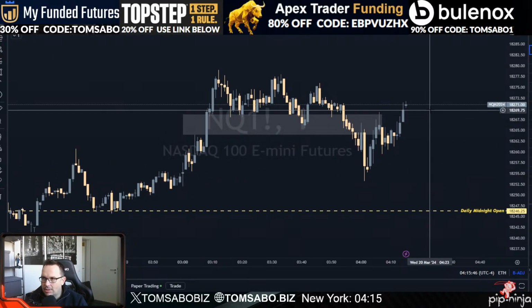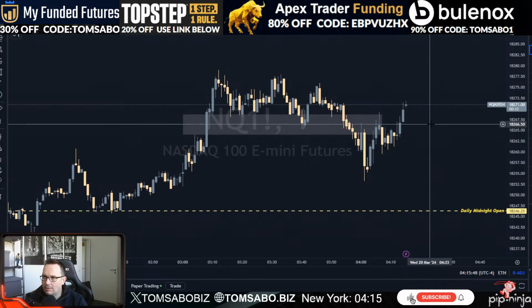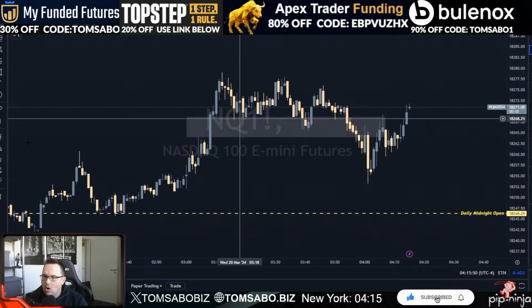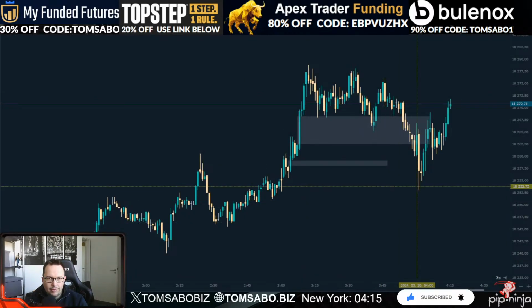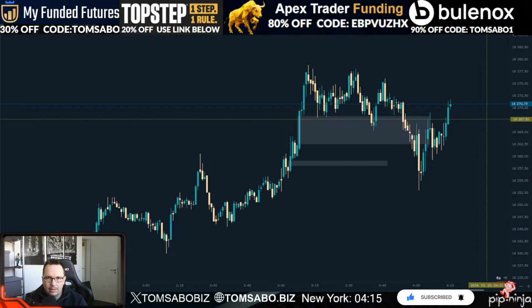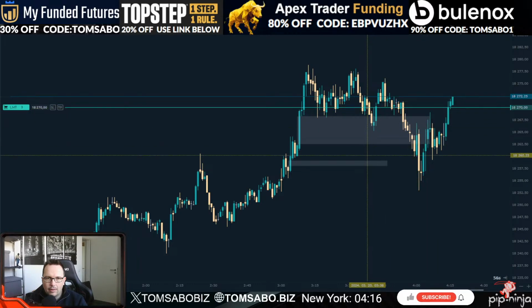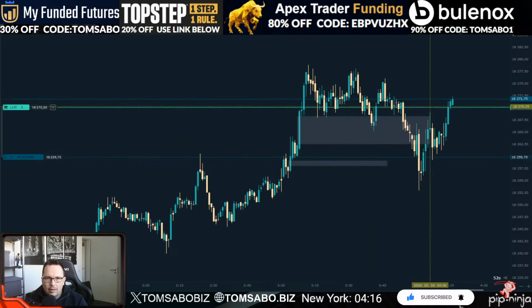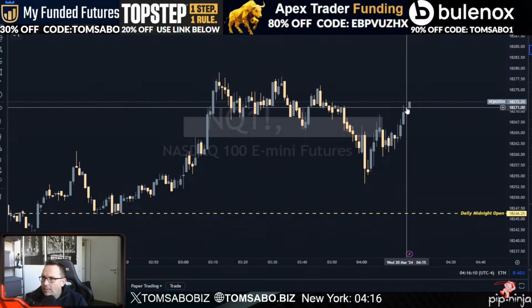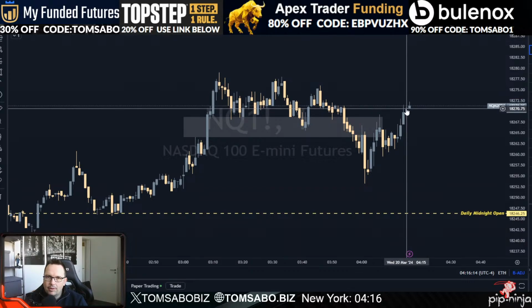Oh, hold on. What is happening here? There was a market structure shift here. Okay, sorry. Possible entry again. Low of this candle is at 70.